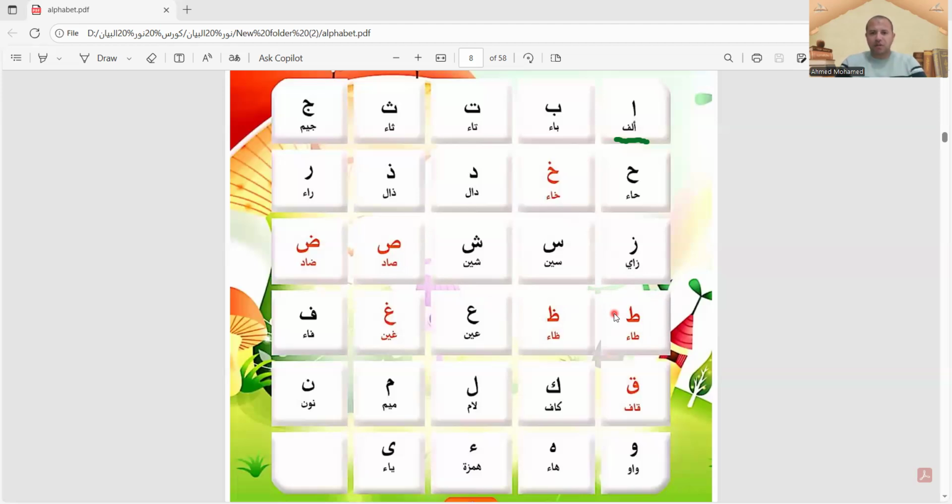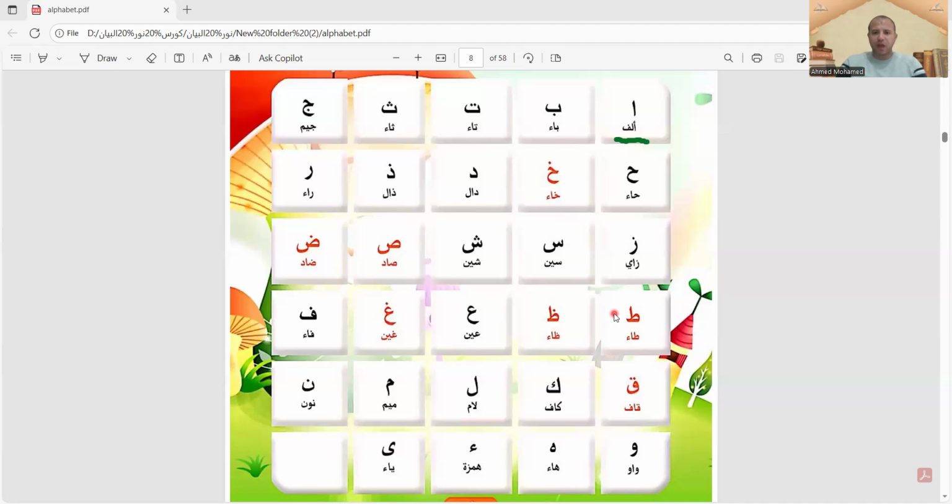All of the letters colored in black, we call light letters. And all of the letters colored in red are heavy letters, or full mouth letters, or huruf mufakhkhama, as we call them in Arabic, which means heavy or full mouth letters. You need to fill your mouth with air when you're pronouncing these letters.